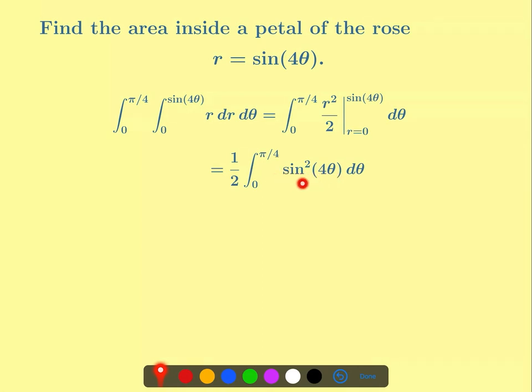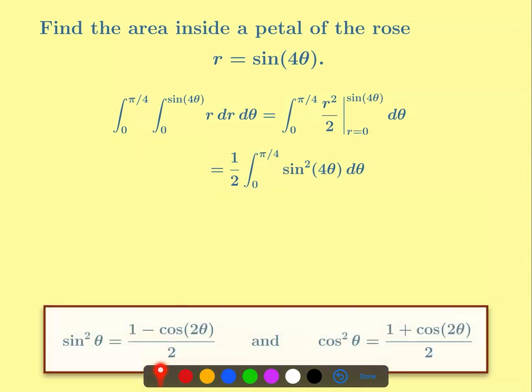Well, sine squared is not a completely trivial integral to do. There are different ways we can do this, and there's a simple way because we know the limits of integration here that I won't go into, but in general, when you have sine squared, you need to use one of these identities, this one for sine squared and this one for cosine squared. So I want to replace sine squared of 4 theta with (1 minus cosine of 8 theta) over 2.